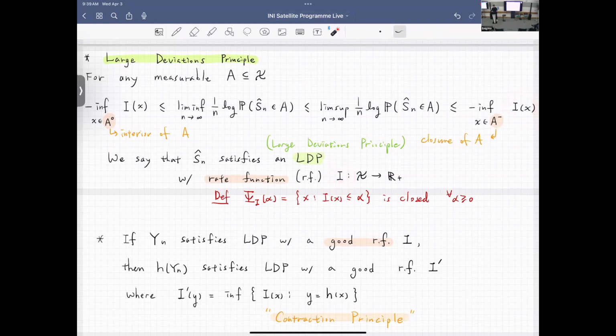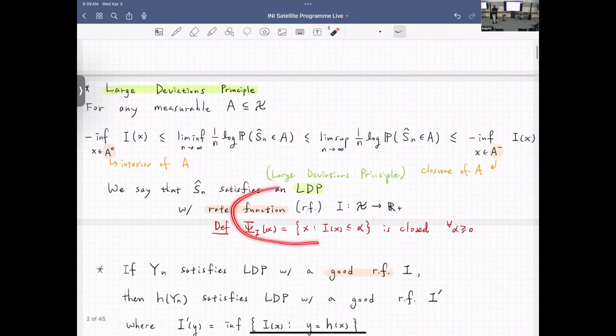If I is large, that means the point associated with it is more rare. This condition, which controls the LDP, makes I a rate function.